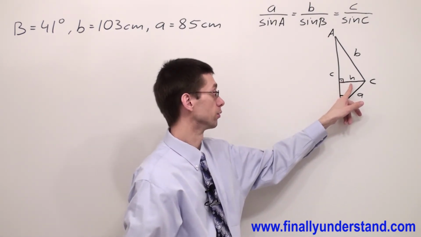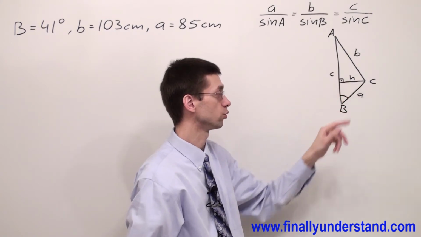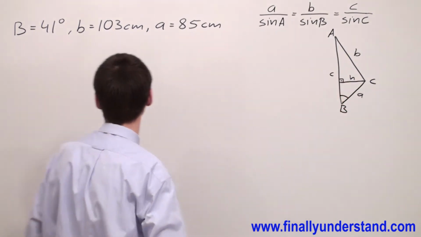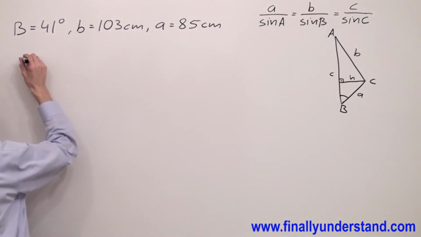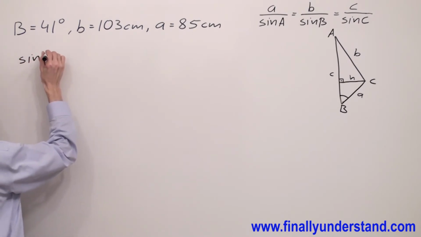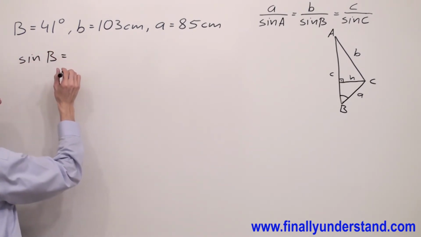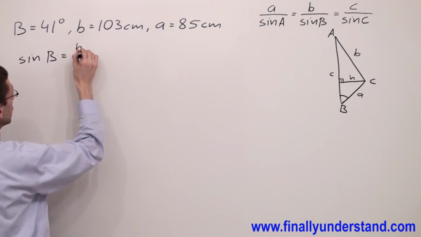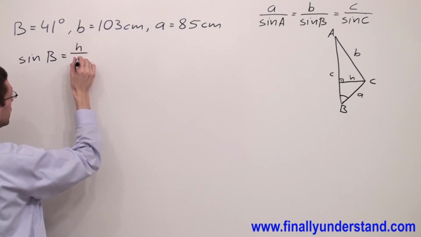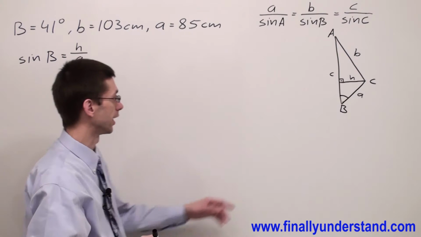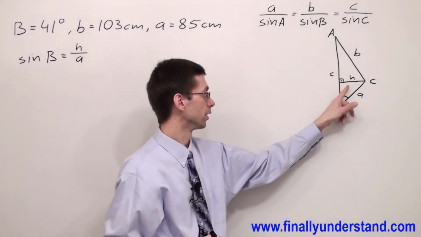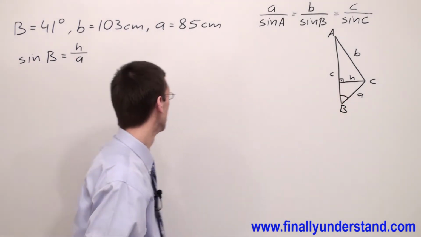In order to find the length of H, I'm supposed to use the formula for sine of angle B. Sine of angle B is equal to H over A: the opposite side of the right triangle over the hypotenuse.